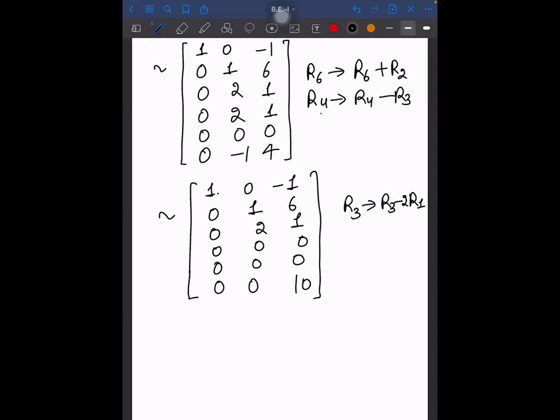Take 1, 0, minus 1, 0, 1, 6, 0, 0. So 2 times subtracted, this will become what? Minus 3. This will become minus 11. Yes? Yes, sir. So the rest 2 are zeros and 1 is 10. So now this can be eliminated.